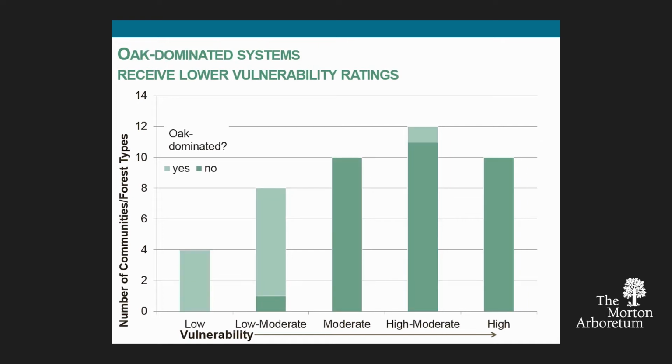The other thing that we noticed is a lot of the oak-dominated systems tended to get lower vulnerability ratings. The managers and scientists generally perceive them as more resilient to disturbance, and these tend to be more of those southern species.